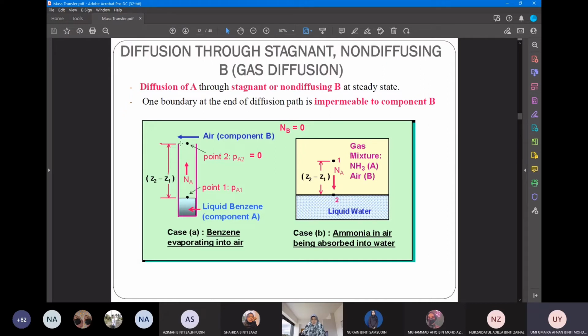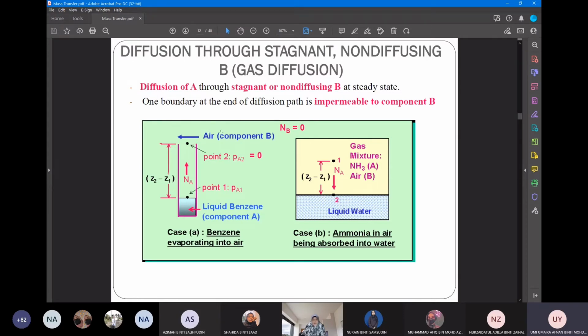And then the top of the tube is labeled as position 2 or point 2, which is Z2. Right. So since A would like to diffuse, the distance traveled is Z2 minus Z1. So A diffuses outside of this tube.